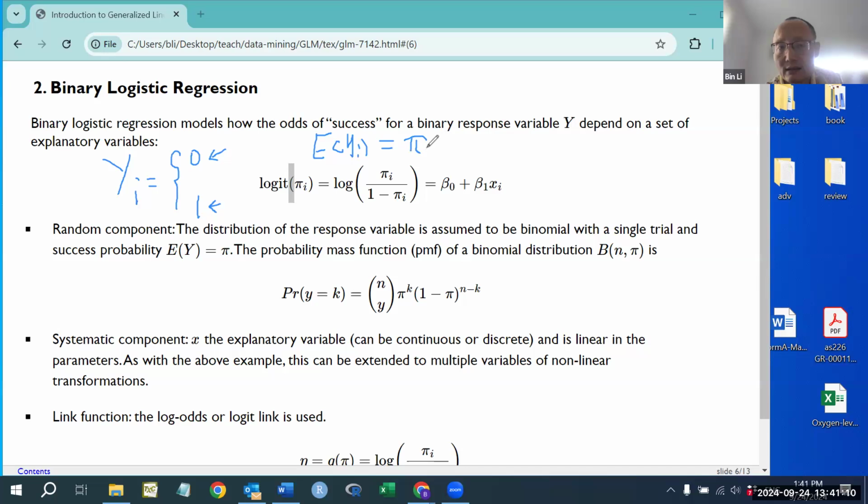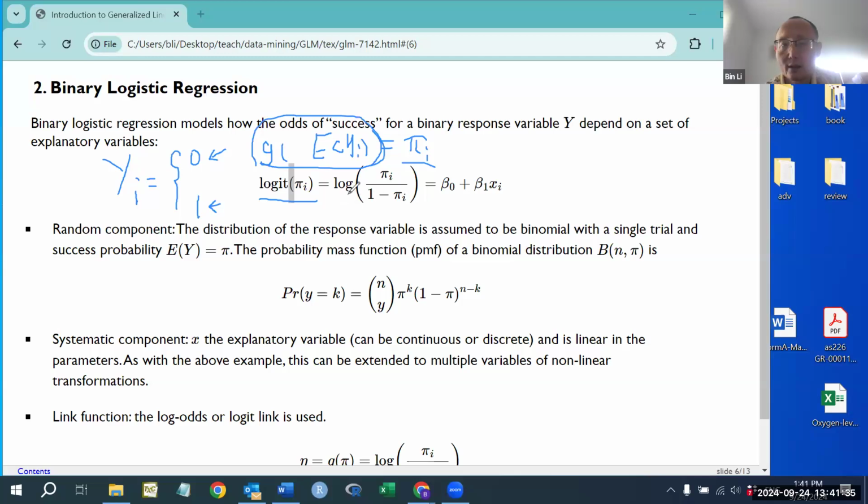So that is the notation I used here. That's why it's logit pi i. This is a link function, a g of the expected value of y. And what is the link function g?